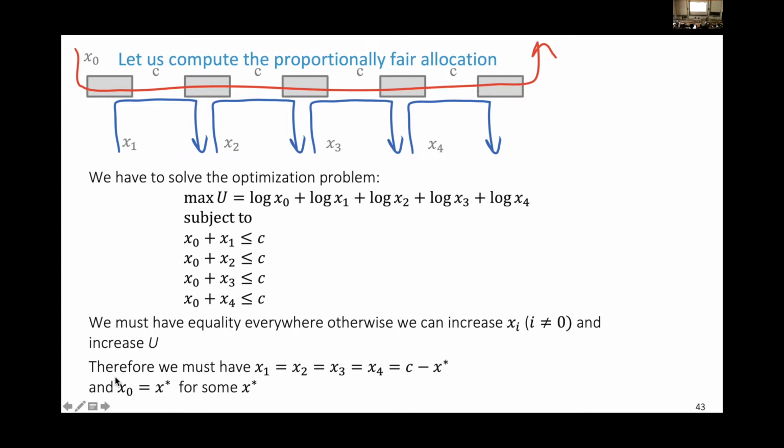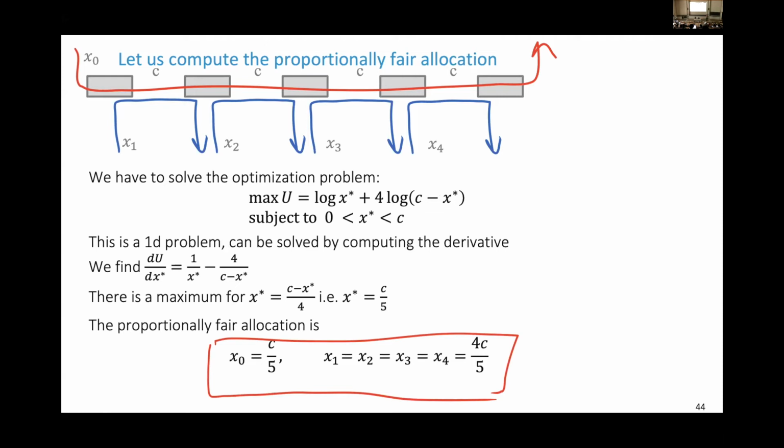Now, if we fix the value of x0 to some x star, since we have equality everywhere, the rate of the others, x1 to x4, would be equal to c minus x star. If I have equality here and this is x star, this gives me c minus x star for x1. Now, if we rewrite the problem with this notation, it becomes a very easy 1D problem. We want to maximize logarithm of x star plus 4 times logarithm of c minus x star.